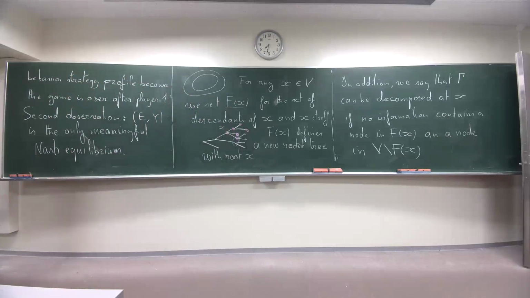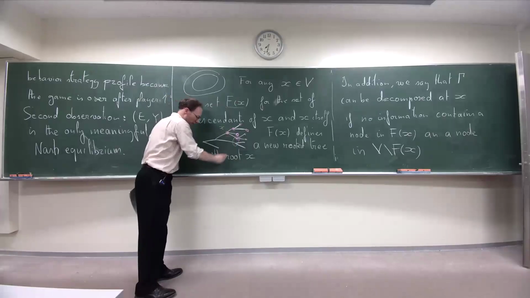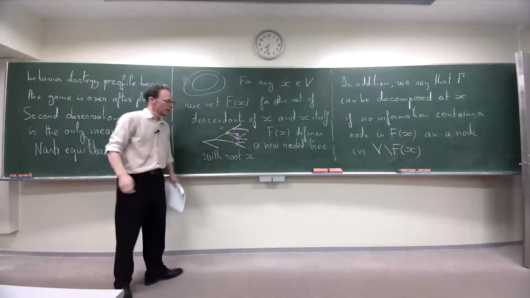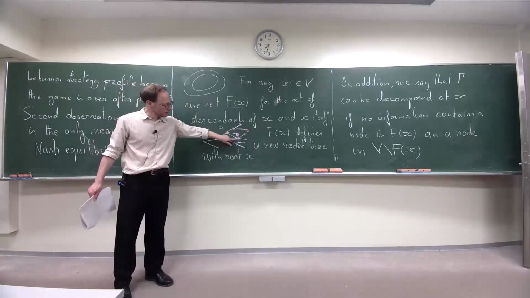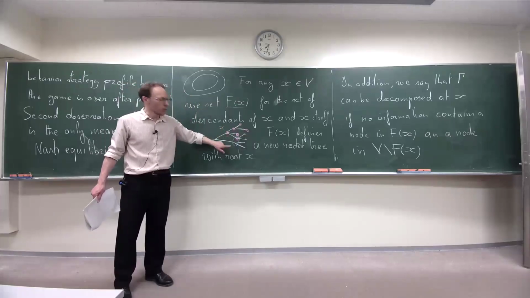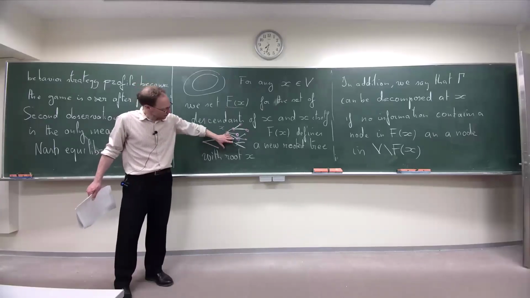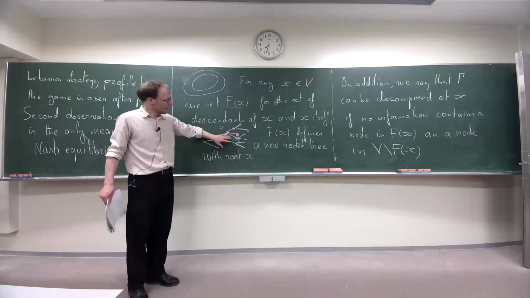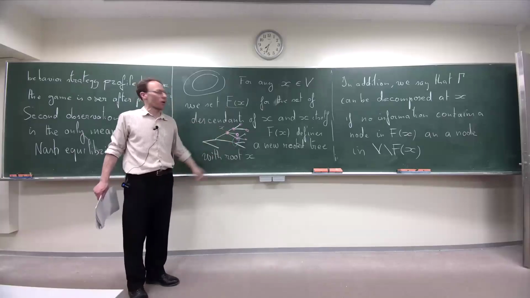So for this example, x is not good, because look, if I start with this tree, with this information set made of these two points, and if I take this x, one node in this information set belongs to this subtree, and one does not. So it's strange, and we have to avoid it. It's a strange information set because remember, an information set is when a player doesn't know if he's here or here. So this x is not good because it generates a tree which has only part of this.